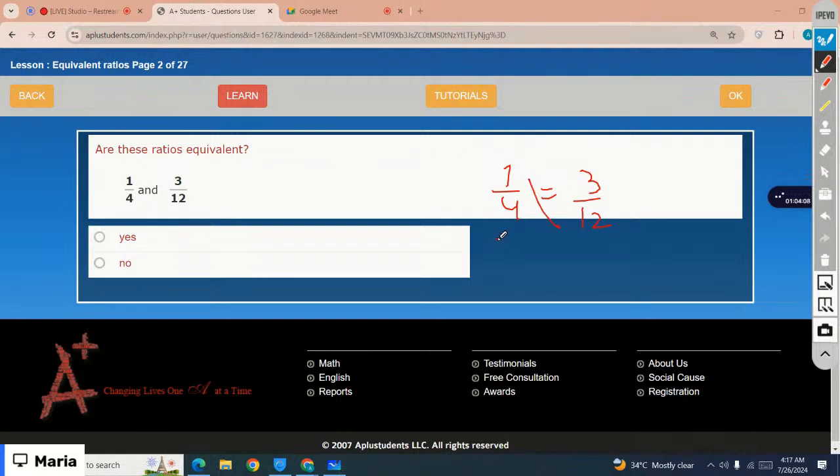You have to do 1 times 12 and 3 times 4. 1 times 12 is 12. The equivalent ratios. Got it? The correct option is yes, they are equivalent.